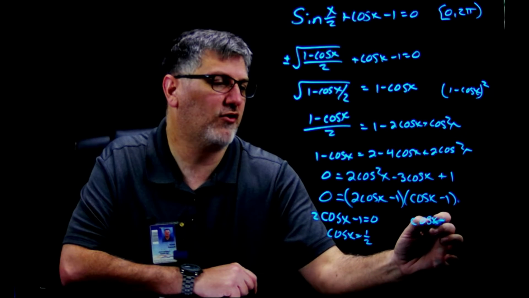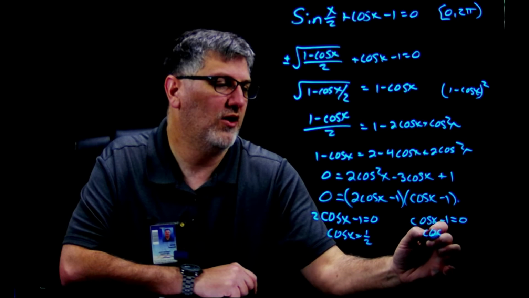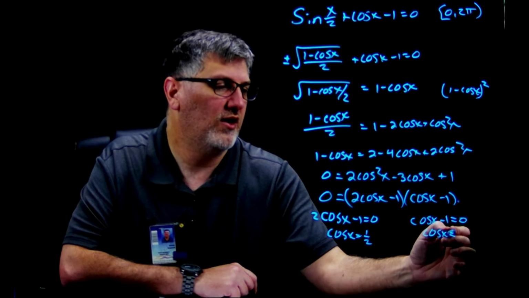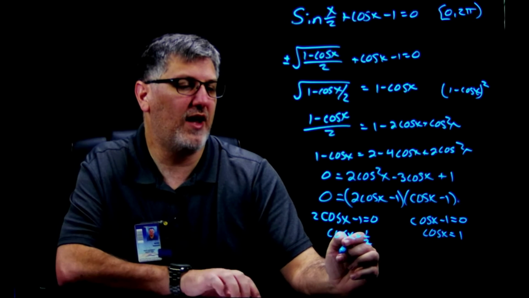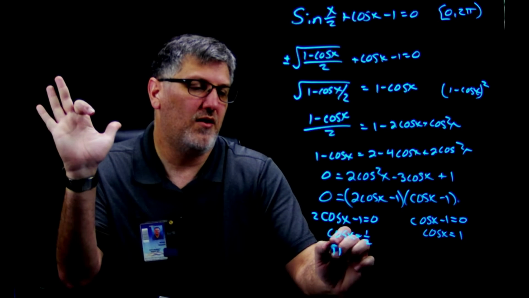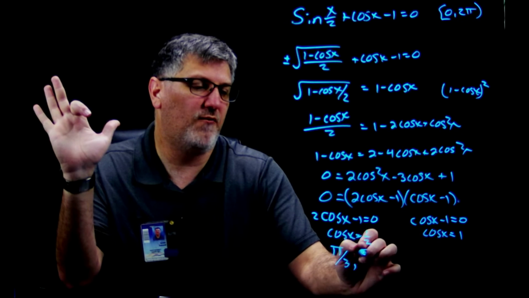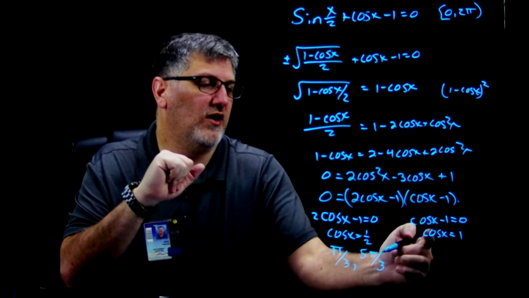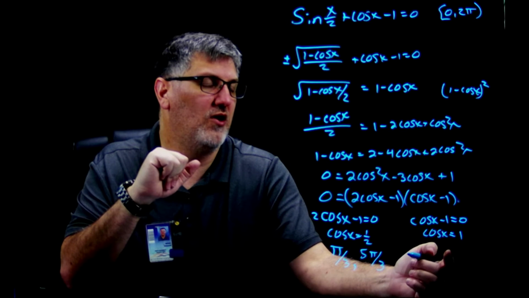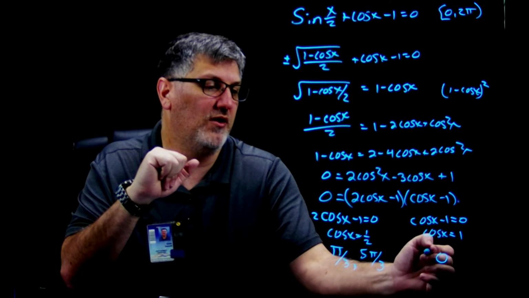And cosine x minus 1 equals 0, which gives me cosine x equals 1. These are on your unit circle. Cosine x is 1/2 at pi over 3 and 5 pi over 3. And cosine is 1 at simply 0.